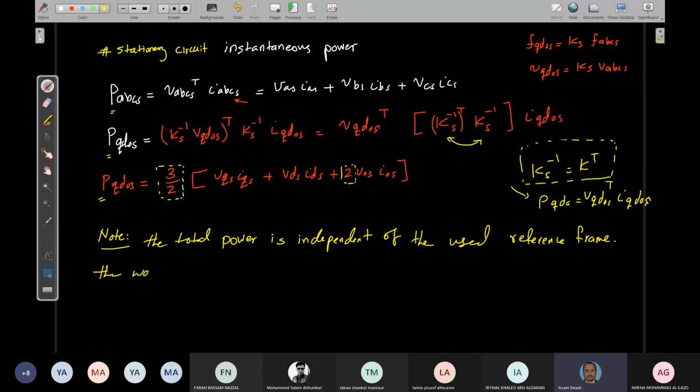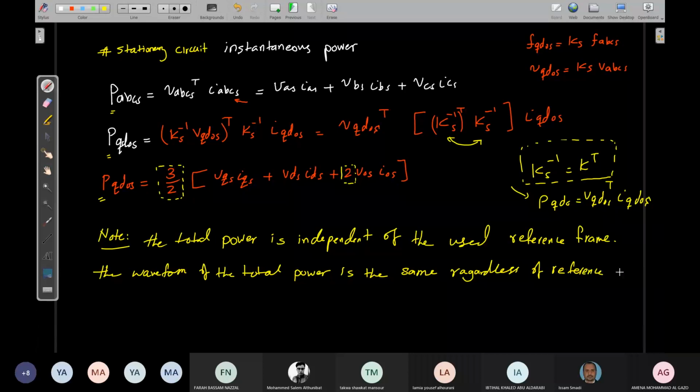So the waveform of the total power is the same regardless of reference frame in which it is evaluated.